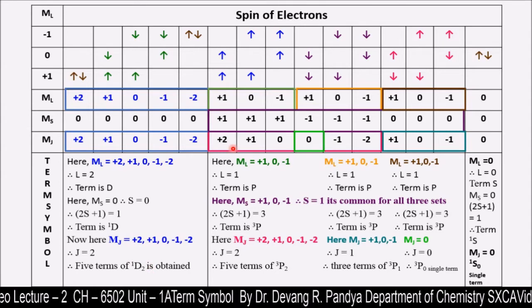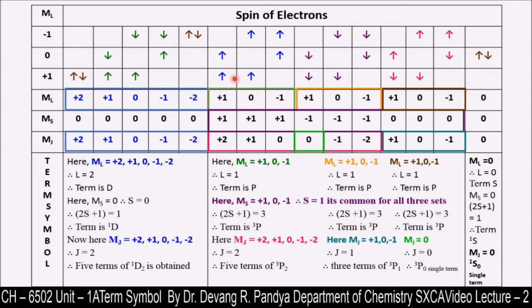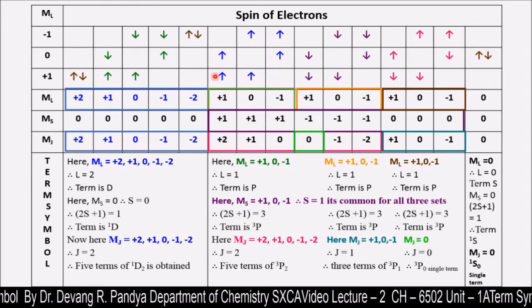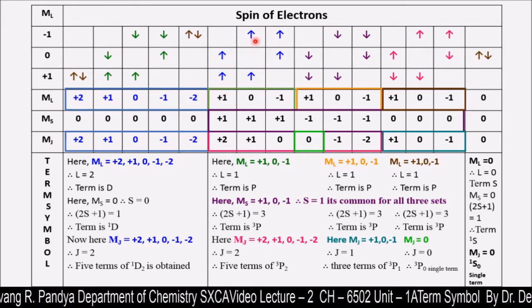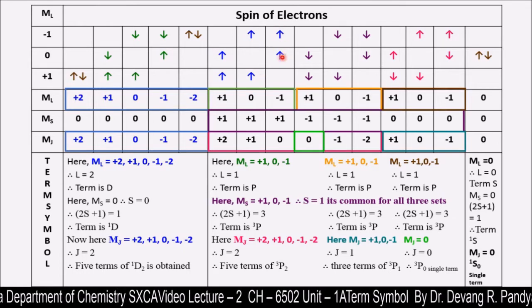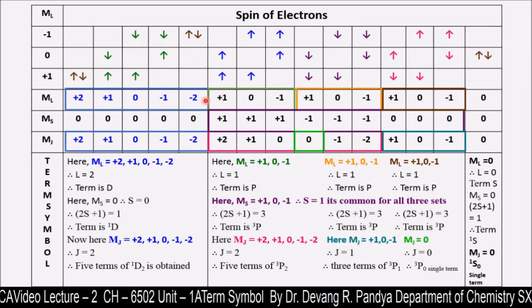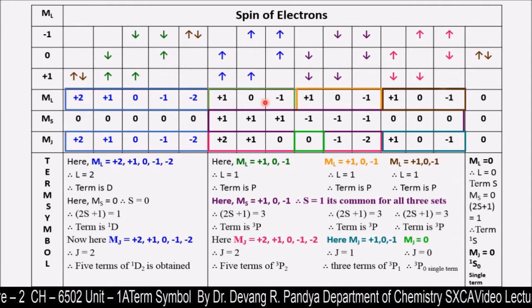Now here another case is there. In this case I have used blue colored alpha spin electrons. So this is a 2 electron p2 configuration, and for that our m subscript L value is +1, 0, -1.